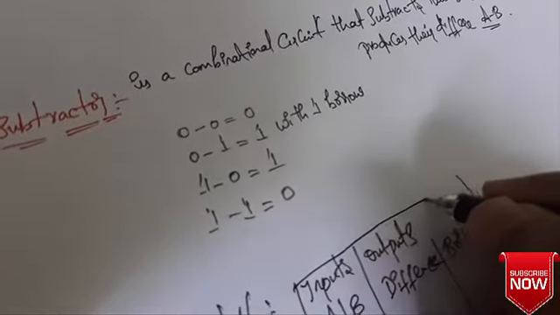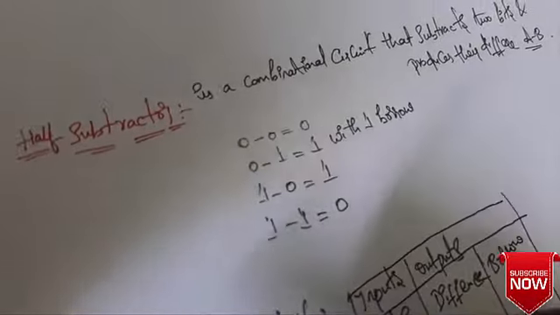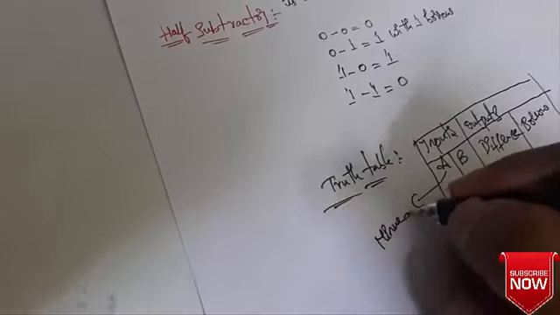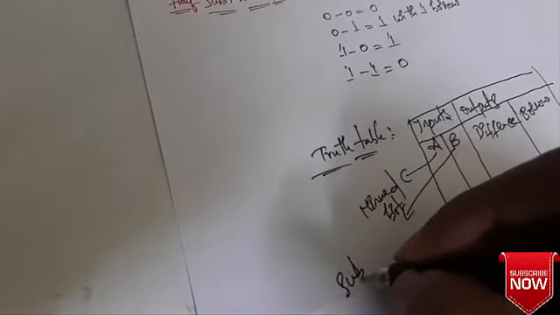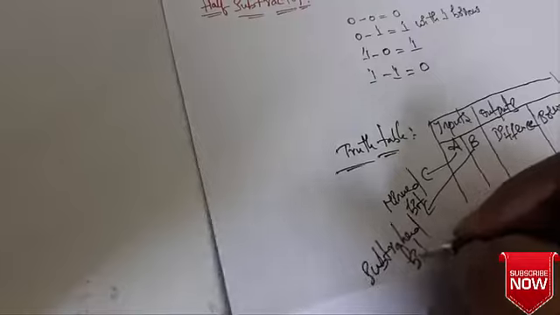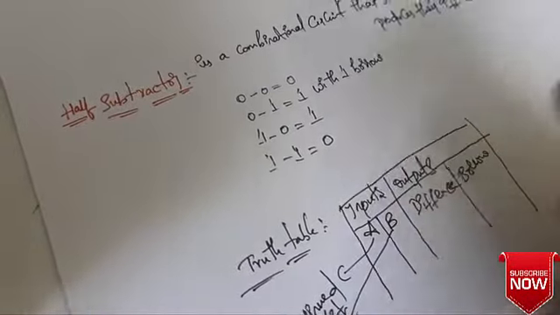Here this bit is said to be the minuend bit and this bit is said to be the subtrahend bit. Two inputs means you will get 4 input combinations.